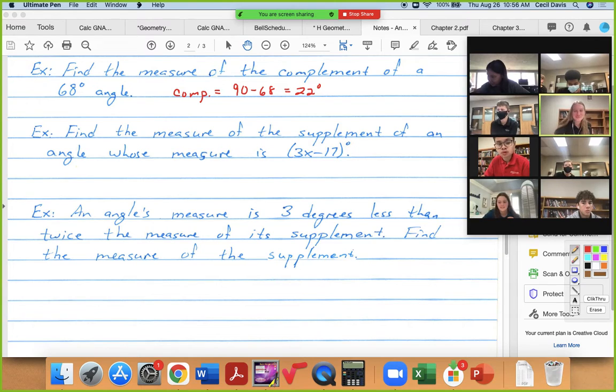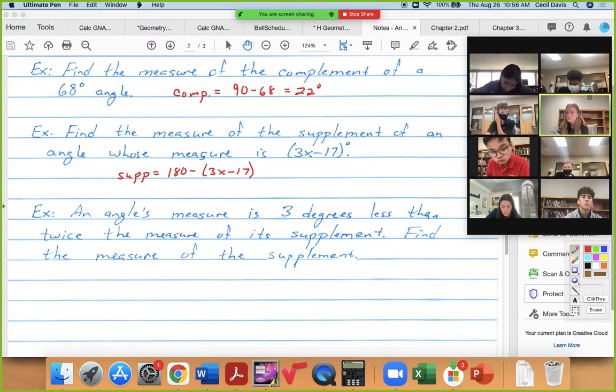So watch this one closely. So the supplement of the angle is 180 minus the measure of that angle. Because they gave you the measure of the angle in terms of x, our answer is also going to be in terms of x, which makes people skin crawl a little bit.